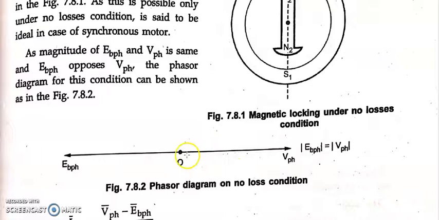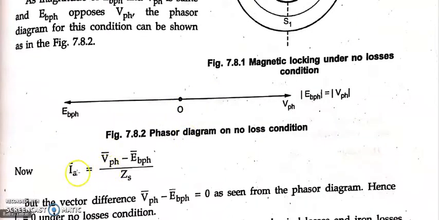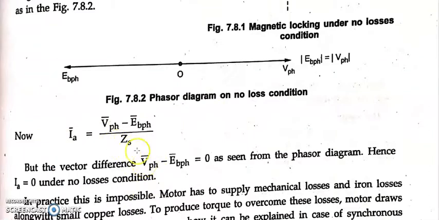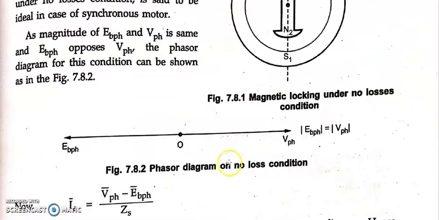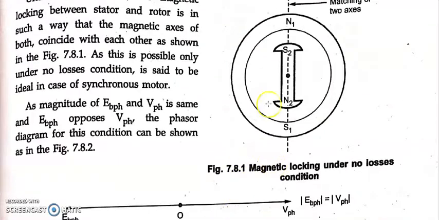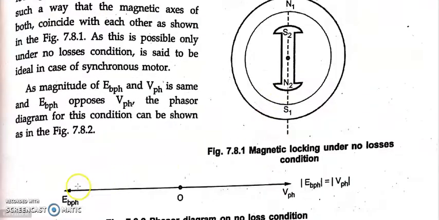As I told you, there are no losses, so the armature current is 0. Substituting IA equal to 0, V phase minus EB phase equals 0, that is V phase equals EB phase. But remember, the back EMF always opposes V phase, so they are equal and opposite to each other, not in the same direction.